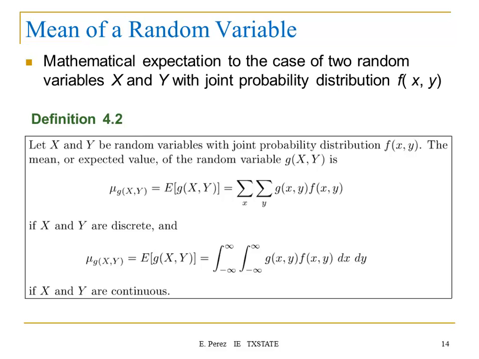That's for the discrete case. You do the same thing for the continuous case, but you need to integrate the value of the function times the probability for those values of x and y. Okay, so again, it's the same concept. Now we are extending it to the case in which you have a joint probability distribution.